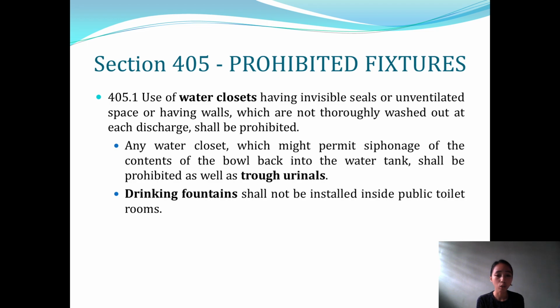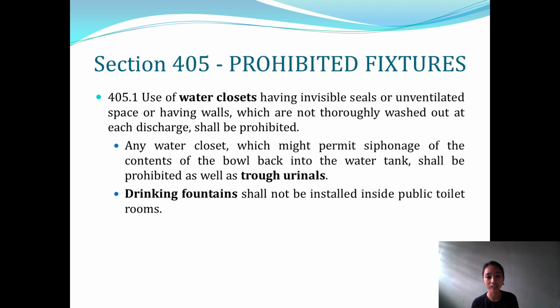Trough urinals are also prohibited because trough urinals are typically provided with a spray bar that at best will provide no more than partial flushing of the fixture walls and wastewater. Consequently, these fixtures are truly insanitary and therefore represent a potential health hazard.